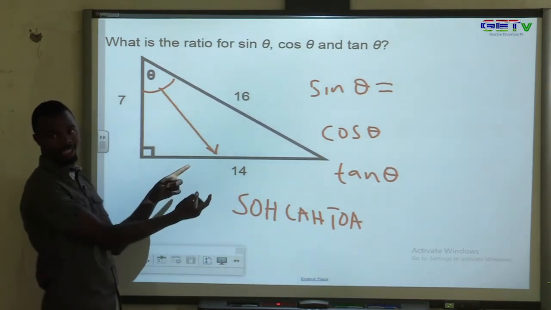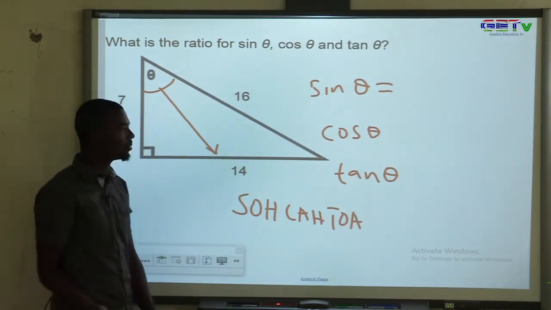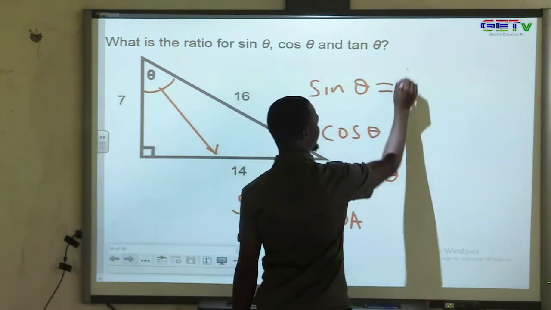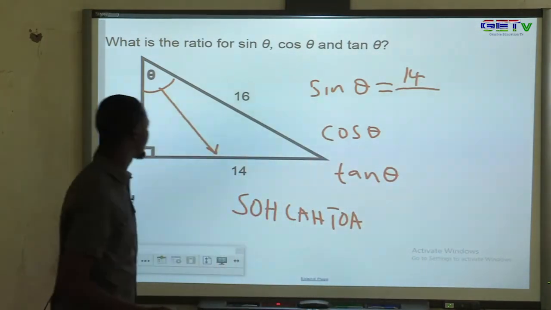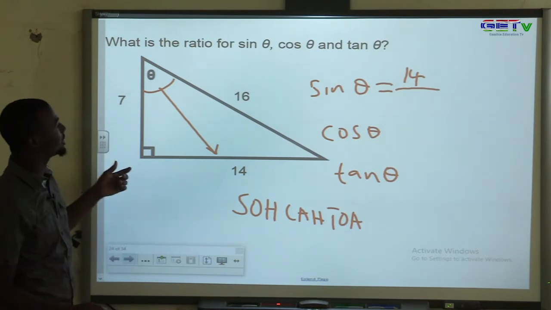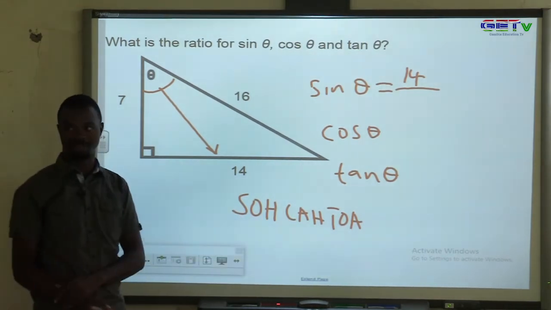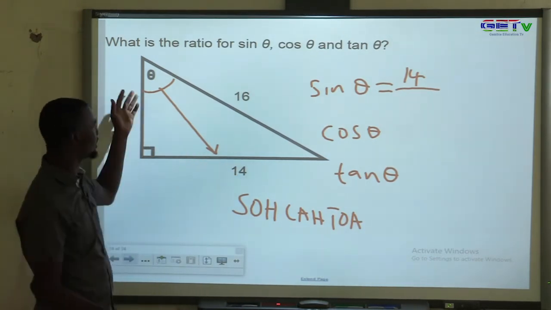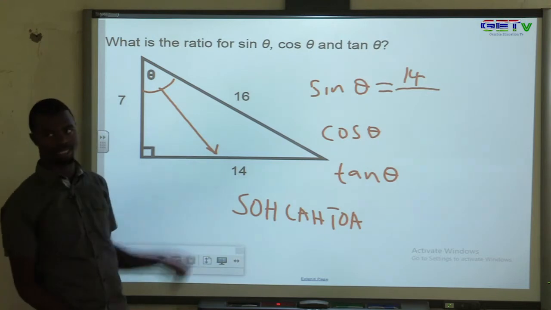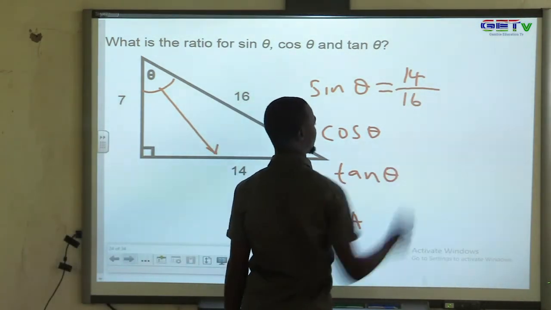The opposite is 14, because it's the side that is directly opposite the angle theta. So there we will have 14 all over. The other side, H is the hypotenuse. Which one is the hypotenuse on the right angle triangle? We said the longest side is the hypotenuse, which is 16. So sine theta will be 14 over 16.